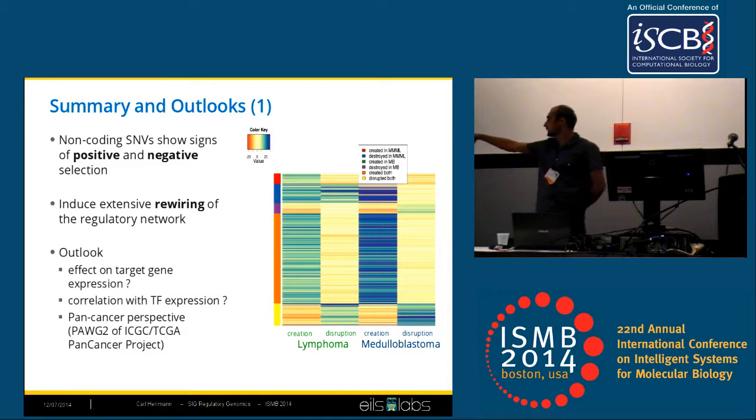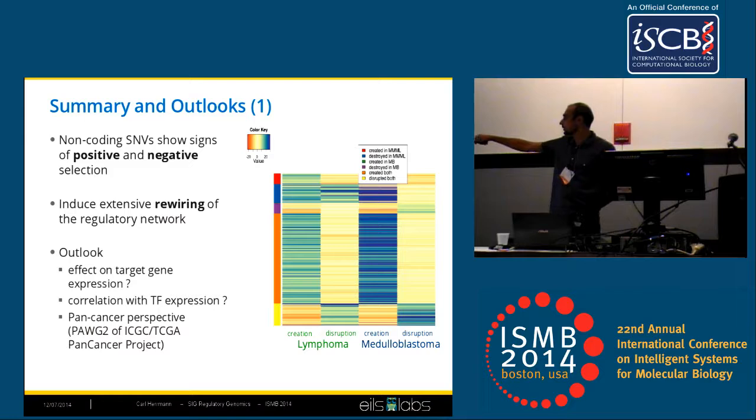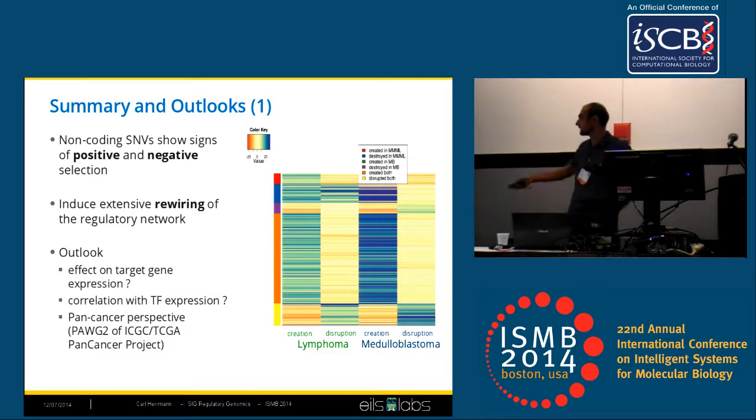Now, we're currently looking at the effect on the target gene expression, and we're looking at the correlation with the expression of the transcription factor itself, because many of these transcription factors are differentially expressed, and so we're looking at whether this differential expression also correlates with changes in the binding sites.